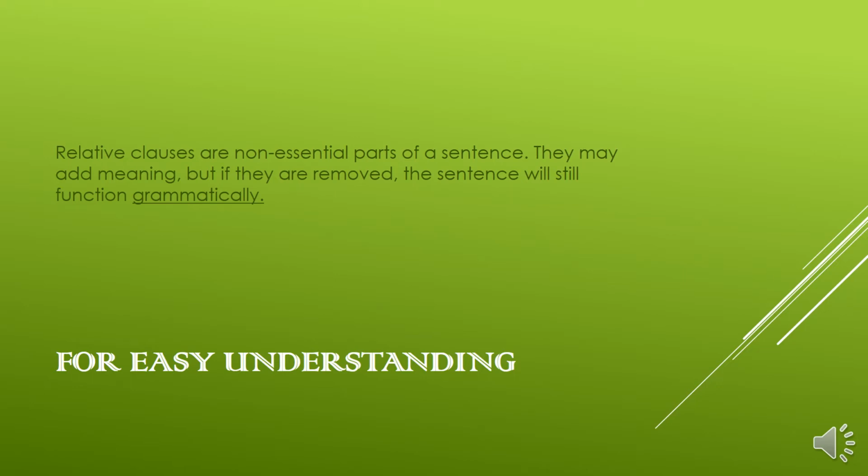They may add meaning, but if they are removed, the sentence will still function grammatically. Now when I say grammatically, I mean that the meaning may or may not remain the same, but grammatically it will be correct.